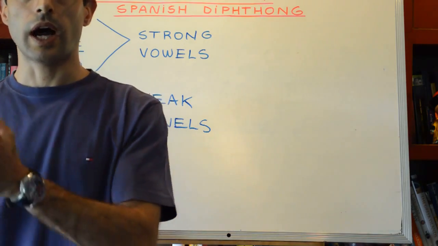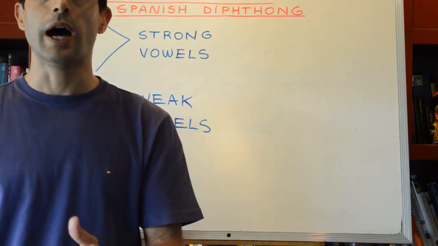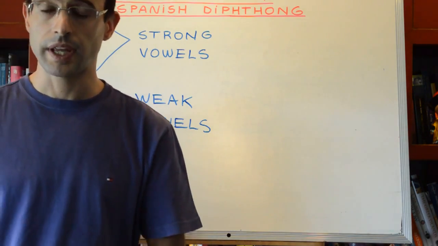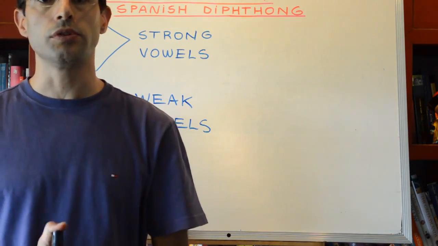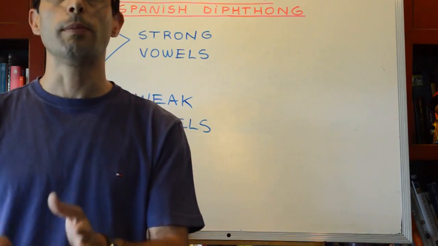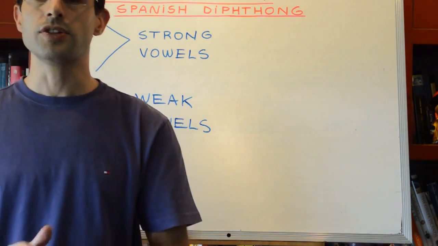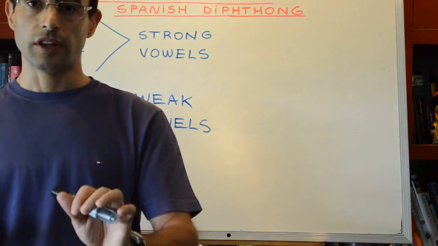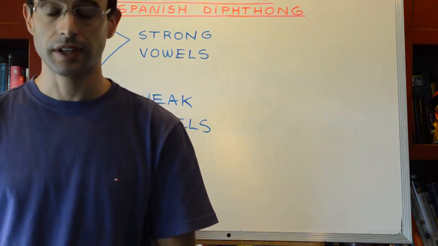You cannot know how to separate in syllables in Spanish if you don't know how diphthongs and hiatus work in Spanish. And also, this is important in order to know how to use the Spanish tildes, right? Spanish tildes are a very important part of Spanish orthography, Spanish spelling.